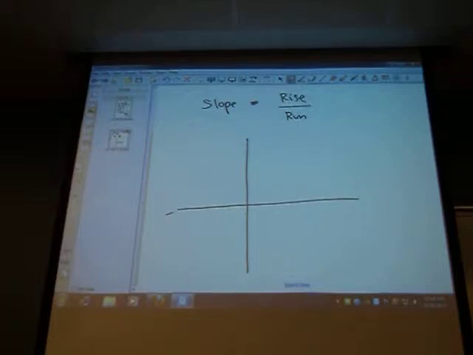If I have a line, just draw any straight line here, and I want to get from one point to the next point on the line, you can pick any 2 points, and the slope will be consistent because it's a straight line. The rise tells me how far I have to go up to get from one point to the next, and the run tells me how far I have to go over.